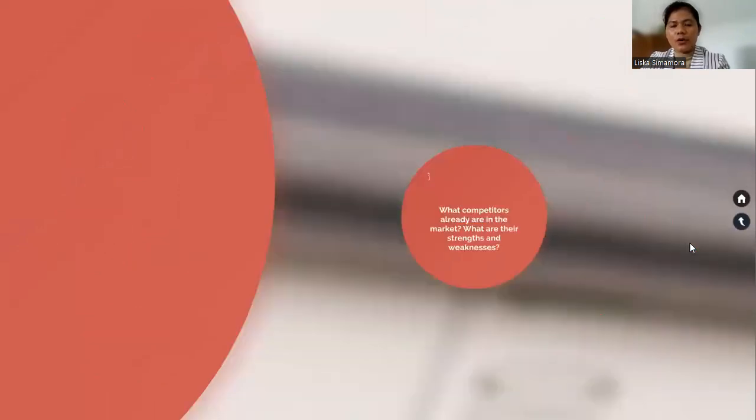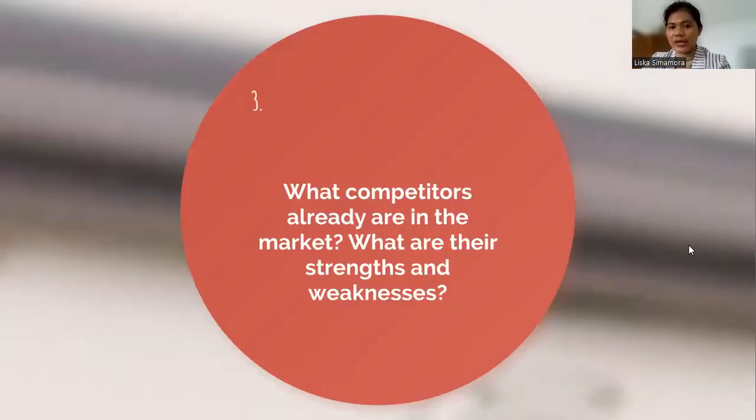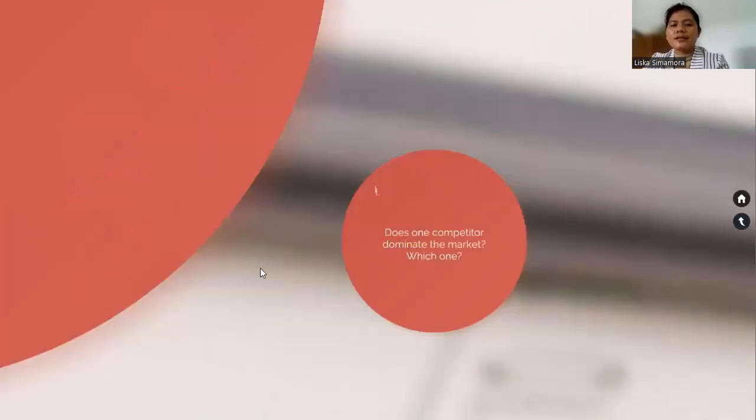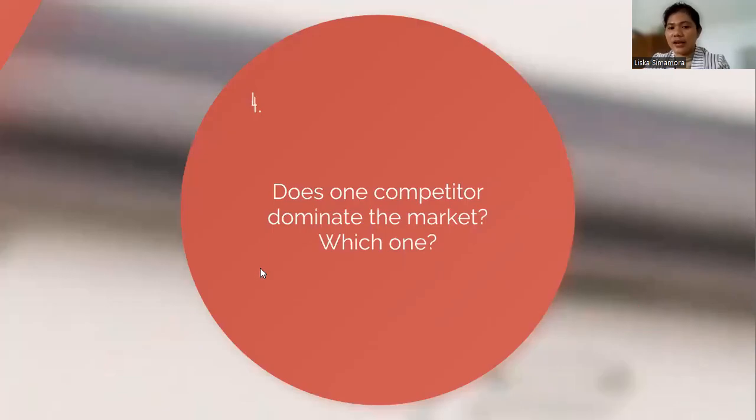And then what competitors are already in the market, whether they are big companies or newcomers, or just 10 to 20 years old companies, something like that. And you have to learn about their weaknesses and their strengths too. Next, does one competitor dominate the market? Which one?